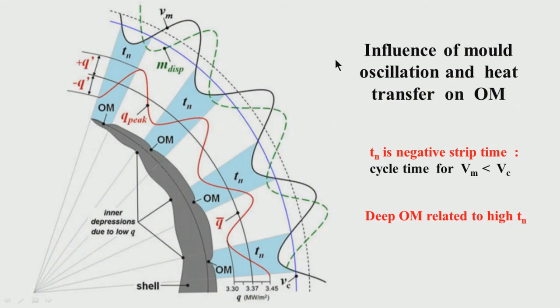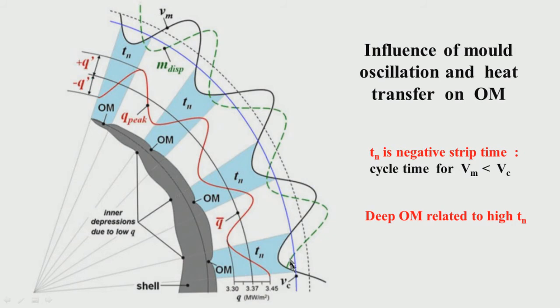So, try to understand what is happening. The mold is going up and down, there is a velocity profile of the mold. Since the displacement is sinusoidal, the velocity is also sinusoidal, at a phase angle with the displacement.